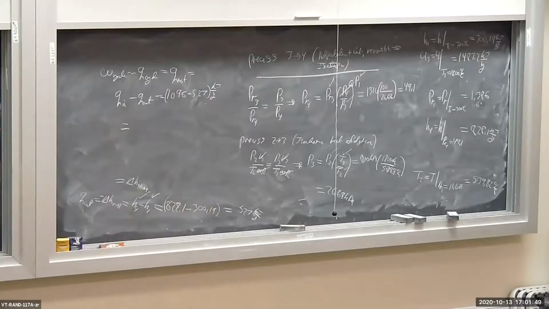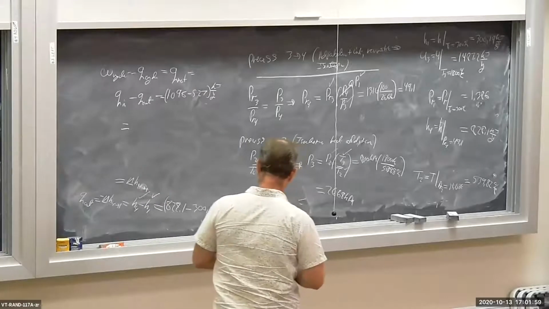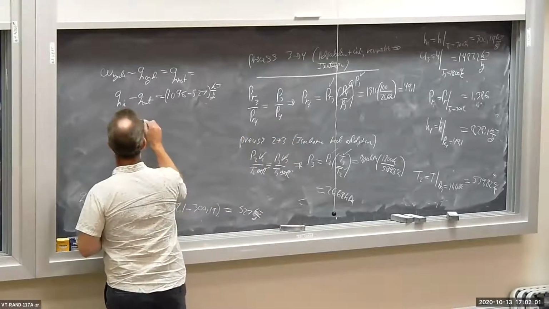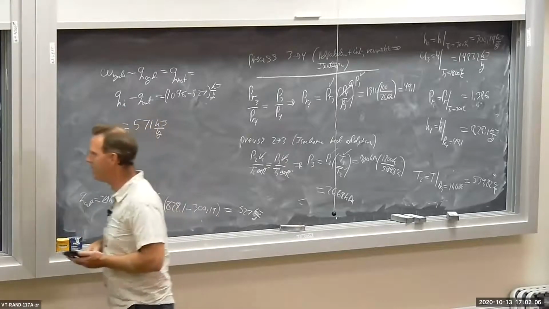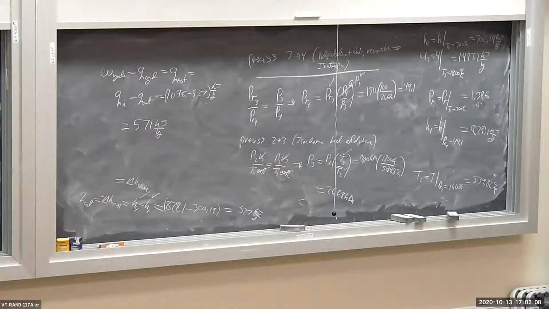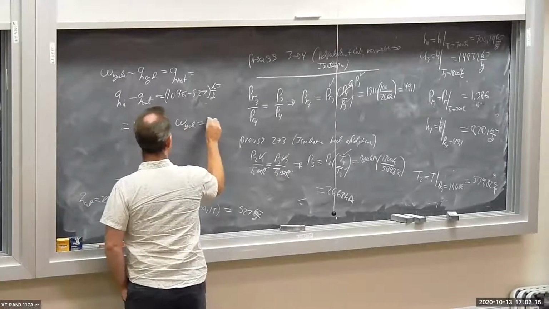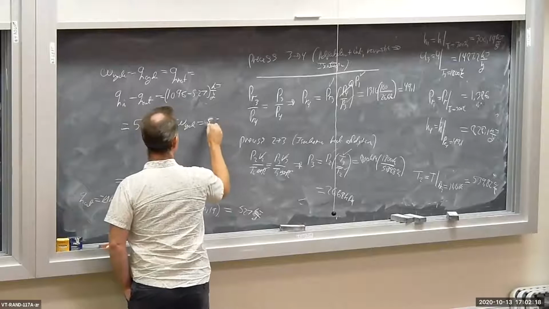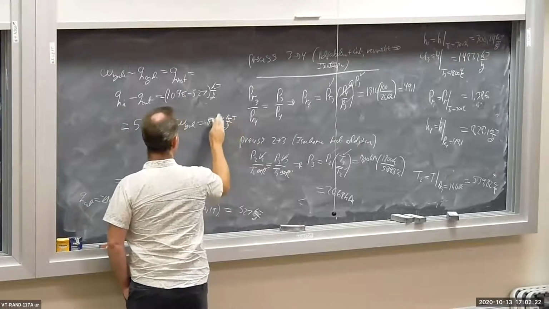And I get 571 kilojoules per kilogram. That's the net work or cycle work. W cycle, 571 kilojoules per kilogram.